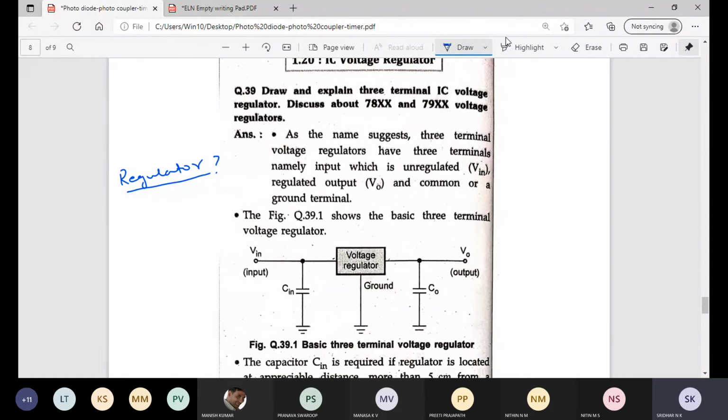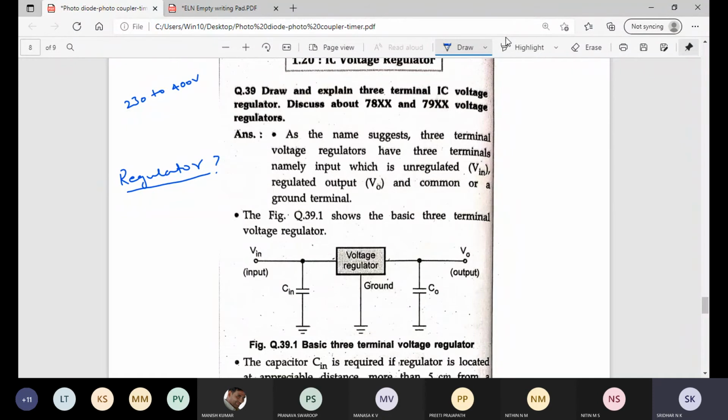No issues. A regulator means, for example, you have a phone charger with you. Everyone has that. What is the input to the charger? That is the AC mains. The input to the charger will be 120, 220, 230 volts, varying up to 400 volts.